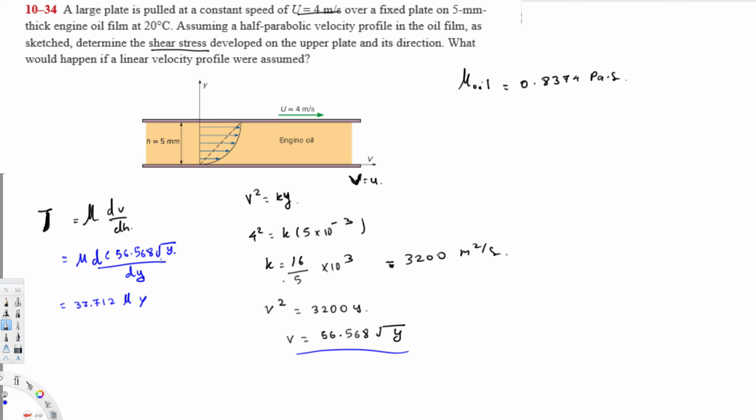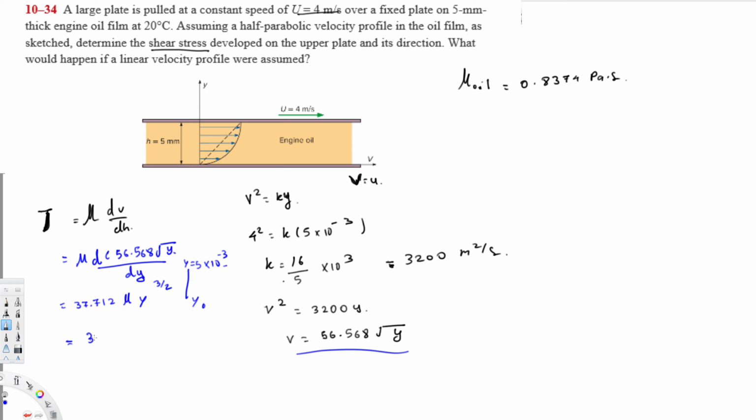If I integrate this, we add one more power, so that's y to the 3 by 2, and y goes from 0 to 5 times 10 to the power of minus 3. And from this we can calculate the result.